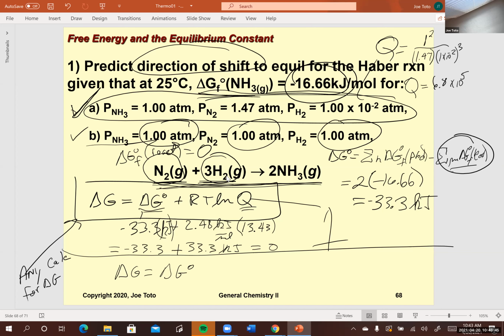If it's just a delta G standard calculation, then you can use the textbook values and calculate delta G 1 from the Gibbs-Helmholtz equation.